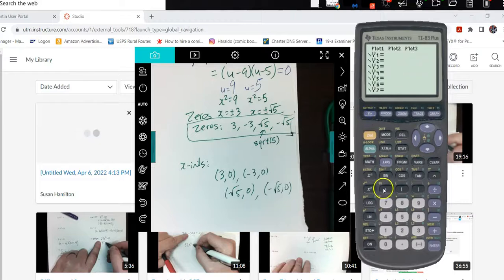If I put in x to the 4th minus 14x squared, and then plus 45, and start with a zoom 6, we said that there would be an x-intercept at 3 and negative 3, and square root of 5 and negative square root of 5. Now, where is square root of 5?